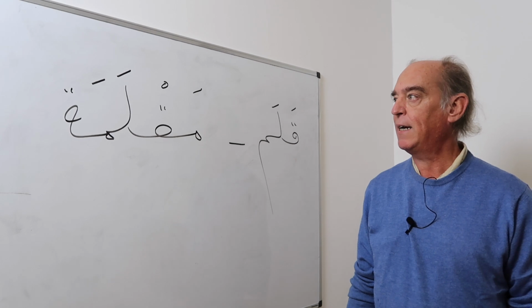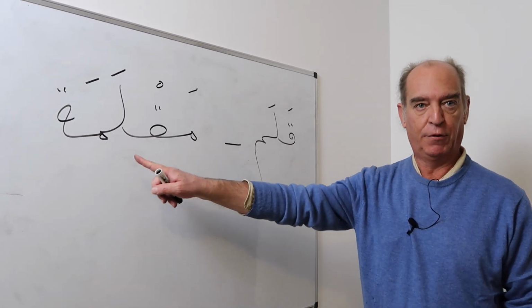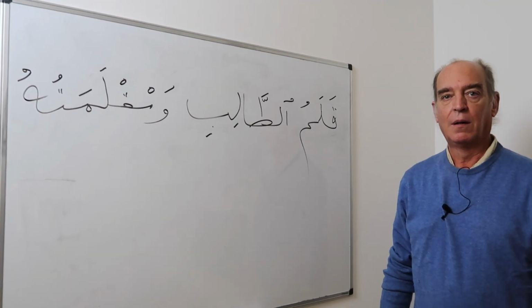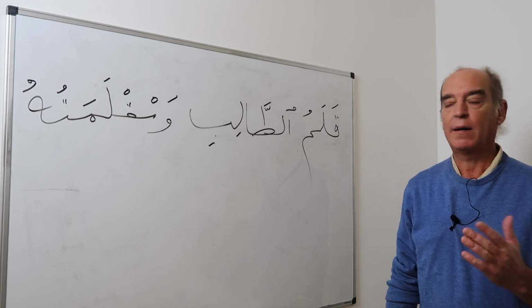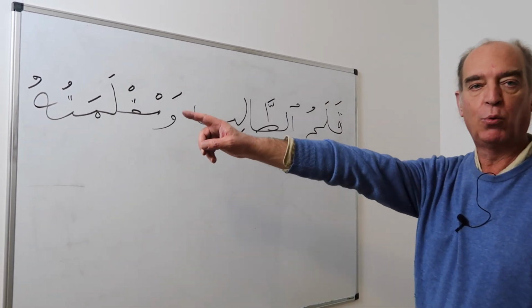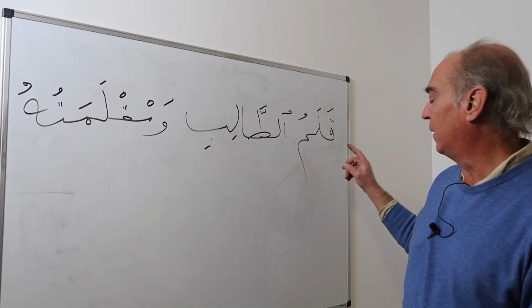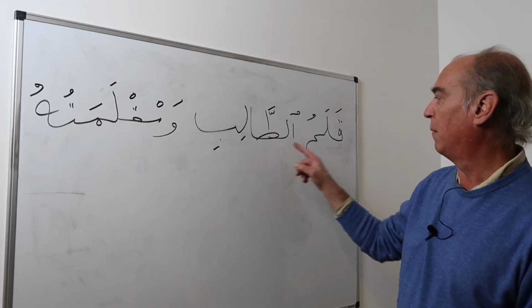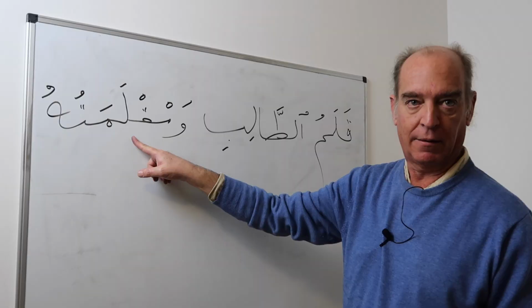If I want to say the pen and the pencil case of the student, the grammatical way of saying this is qalamu talibi wa maqlamatuhu. You see, literally we said the student's pen and his pencil case.